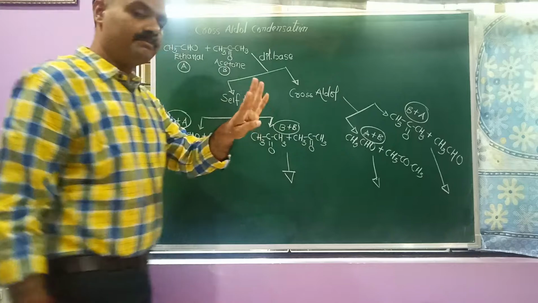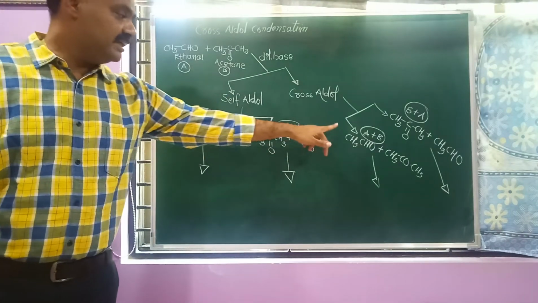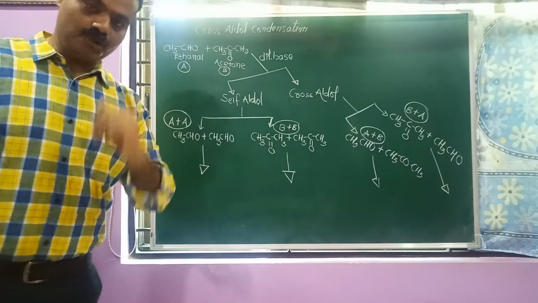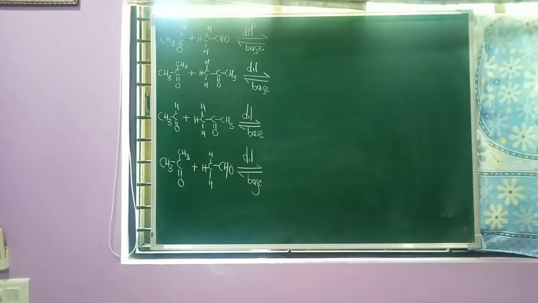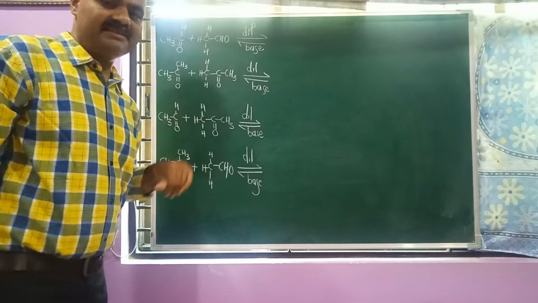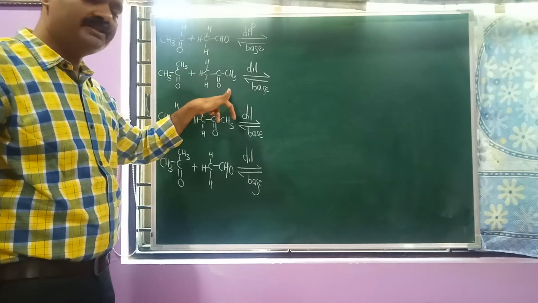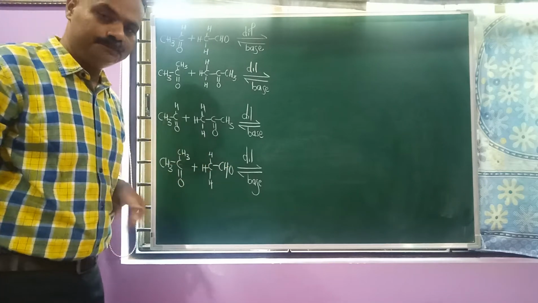So we will write four reactions: A plus A, B plus B, A plus B, B plus A. A means ethanal, B means acetone. We discussed a total of four reactions here: ethanal plus ethanal, acetone plus acetone, ethanal plus acetone, acetone plus ethanal.